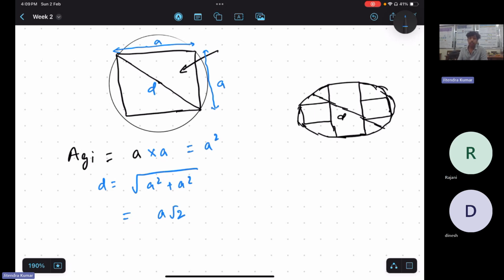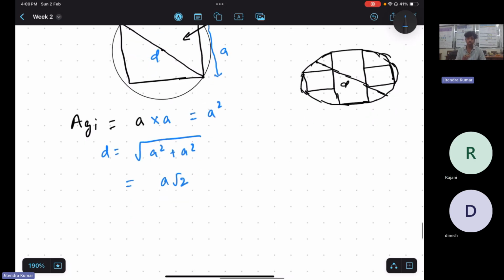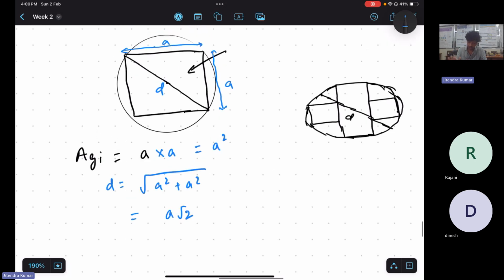Now the core stacking factor, we have to stick with this rectangular one only. The area of the circle, which is the area of the core, is nothing but pi r square, which is pi D square by 4.